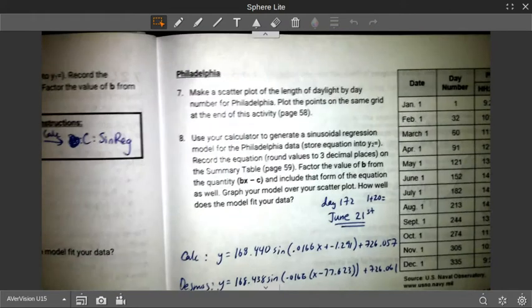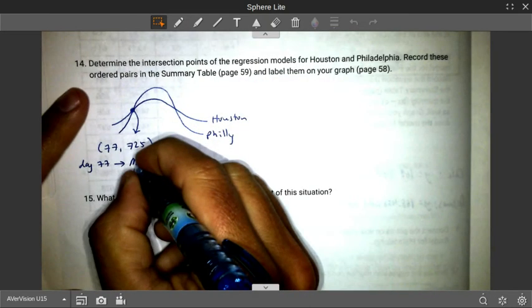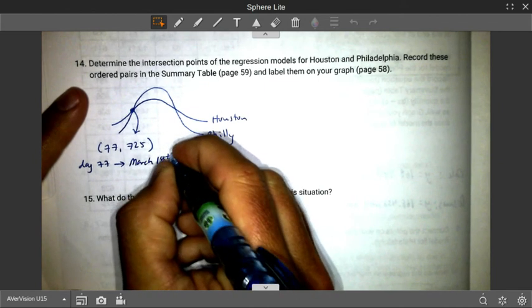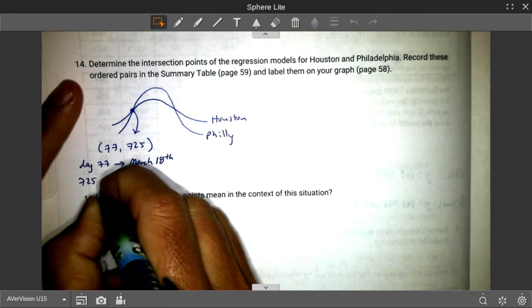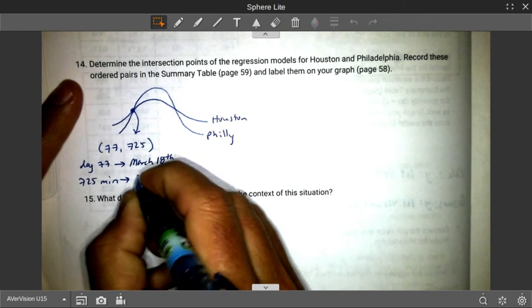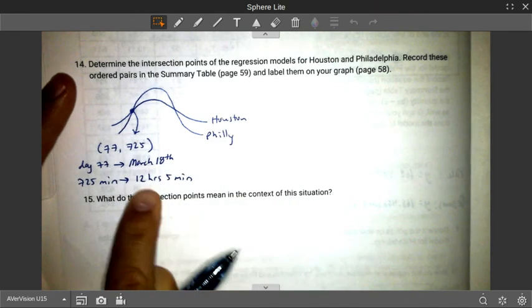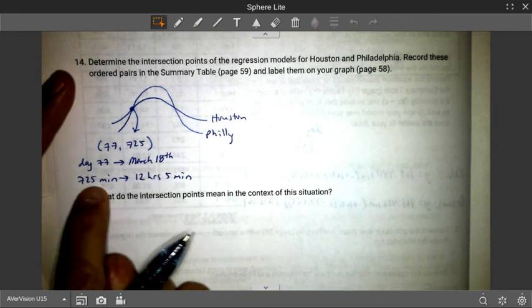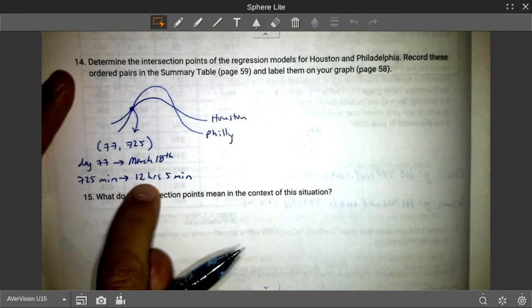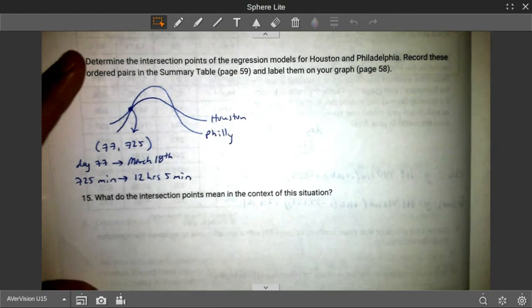So that'll be approximately March 18th. And 725 minutes is 12 hours and 5 minutes. So on March 18th, they'll have approximately the same amount of daylight, which is approximately 12 hours of daylight, 12 hours of night.